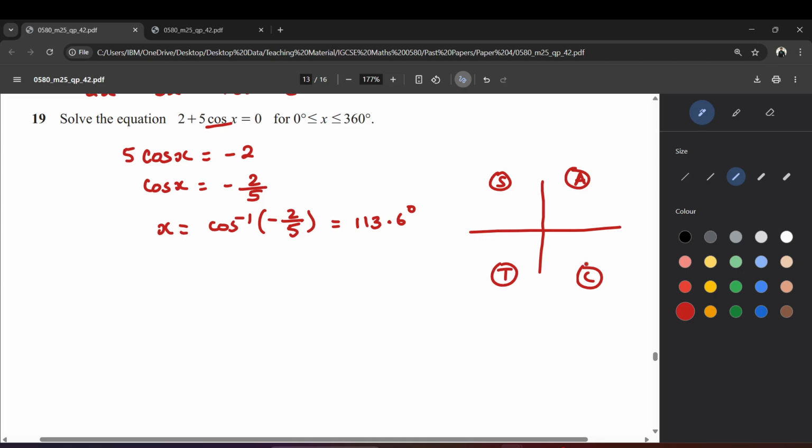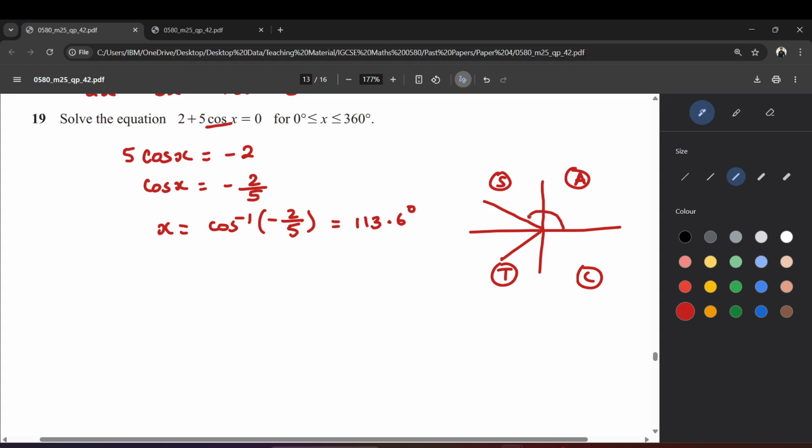In the fourth quadrant, only cos theta is positive, whereas sine theta and tan theta are negative. Now if we look over here, our cos theta, or cos x in this case, is negative. That means our solutions will lie in the second quadrant and in the third quadrant.